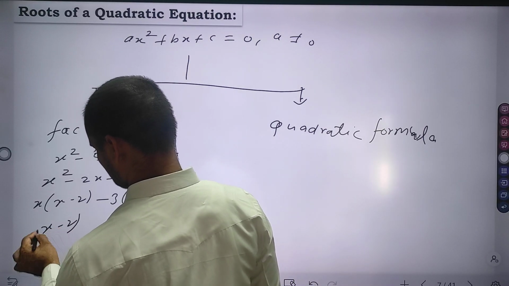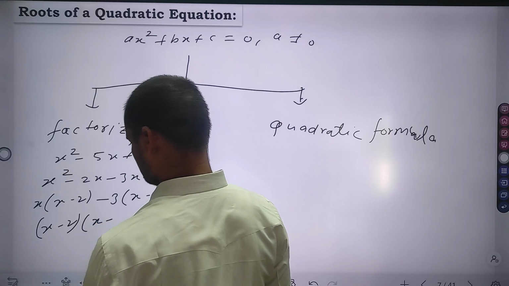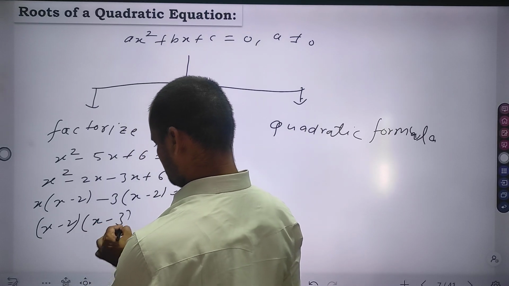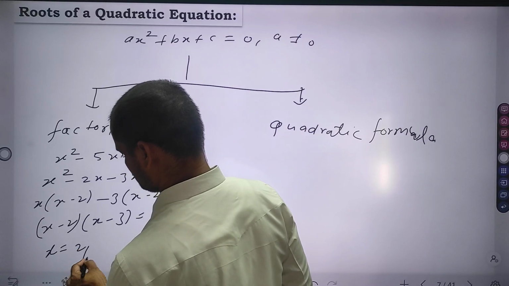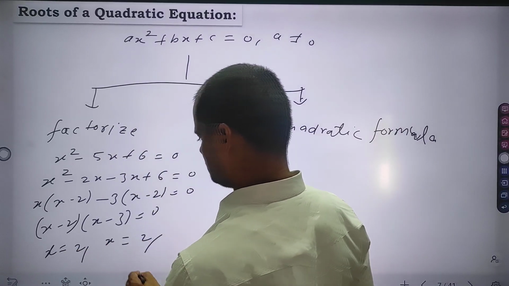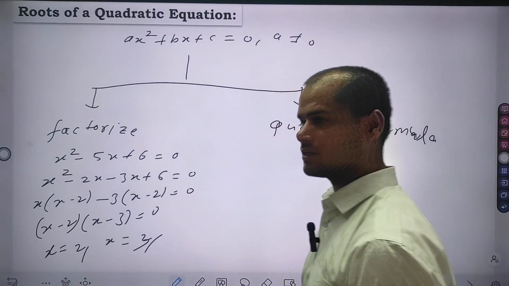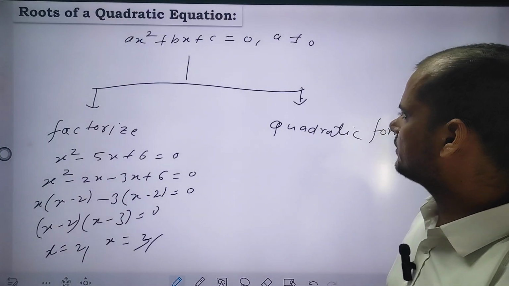And x minus 2 also will be common, and this will become x minus 2 into x minus 3 equal to 0. Now the roots of the quadratic equation are x equal to 2 and x equal to 3. So these are the roots of the quadratic equation.